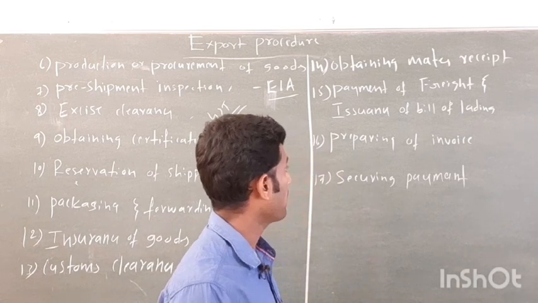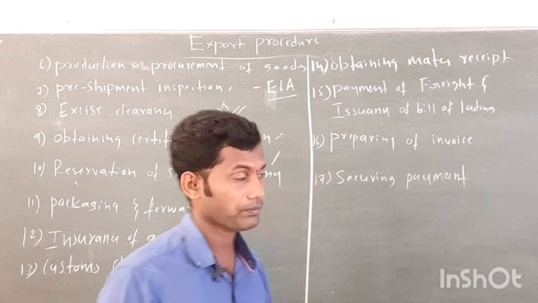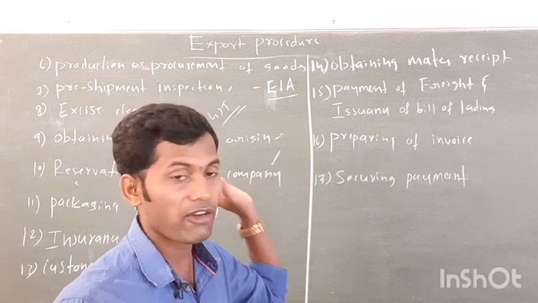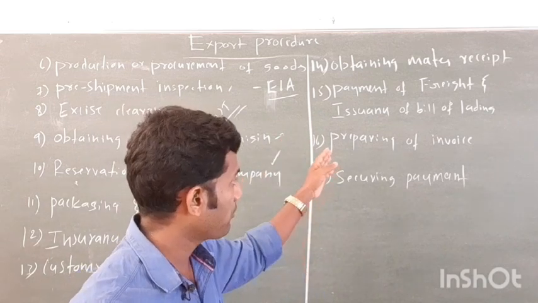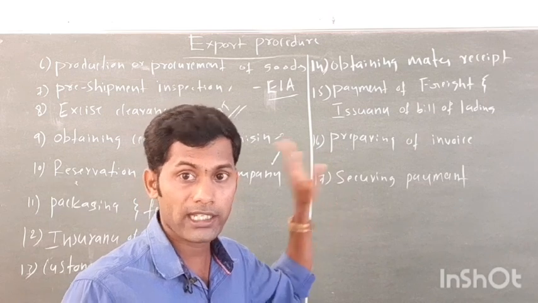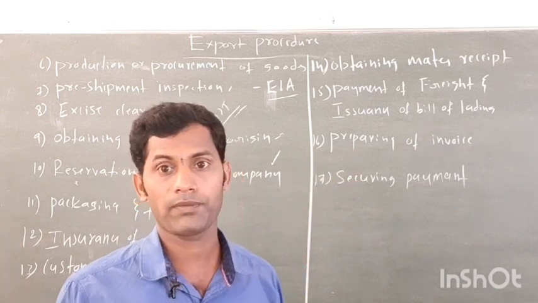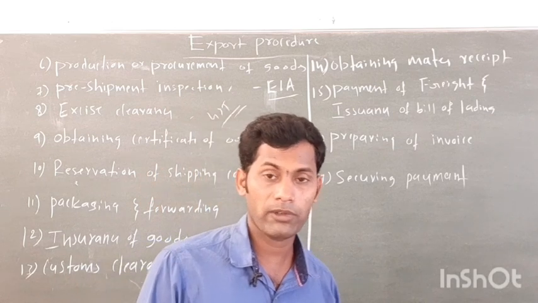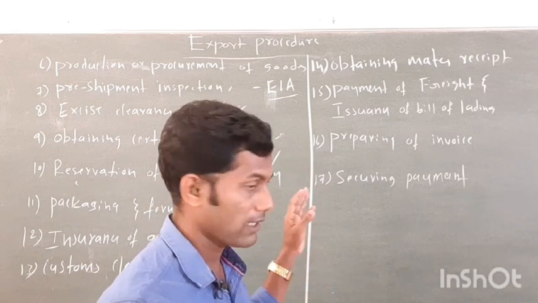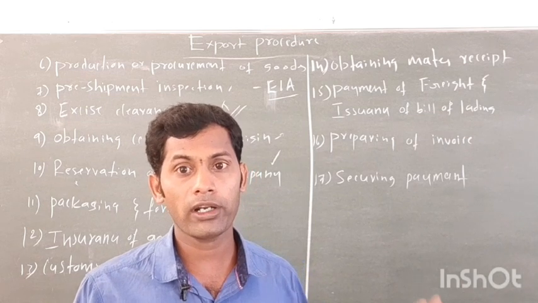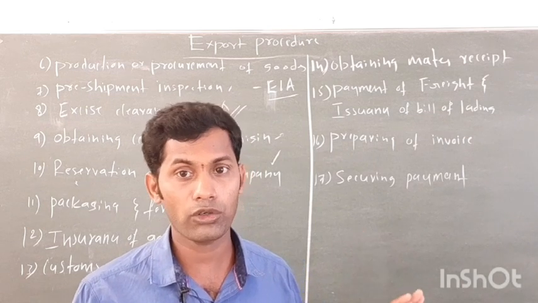The 16th one, preparing the invoice. After making payment and issuance of bill of lading, the goods are exported. Now the exporter has to prepare the invoice. Before preparing the invoice, the exporter has to inform the importer of the arrival of goods.